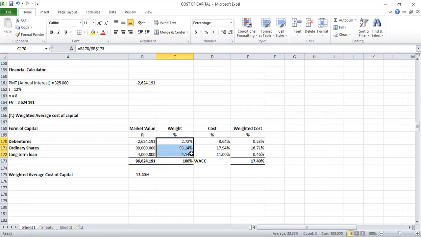So when Excel multiplies, it doesn't use 2.72, it uses the actual figure. That's why there's a slight difference. Okay, thank you.